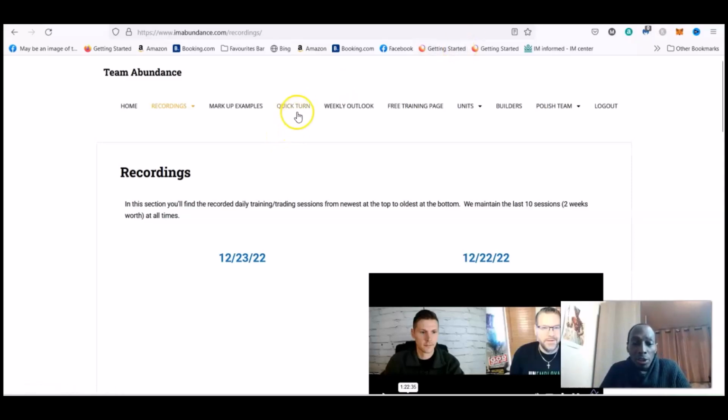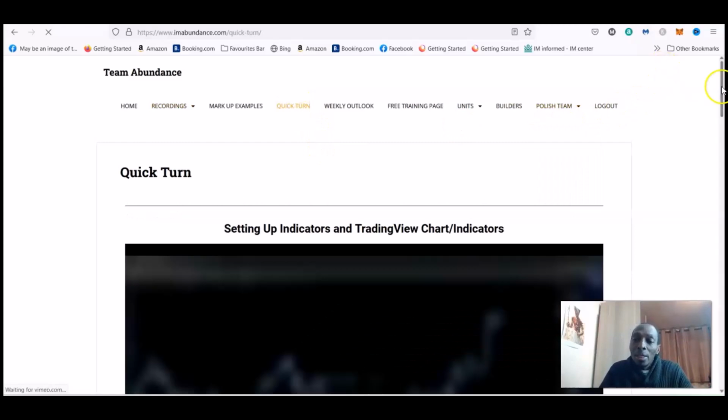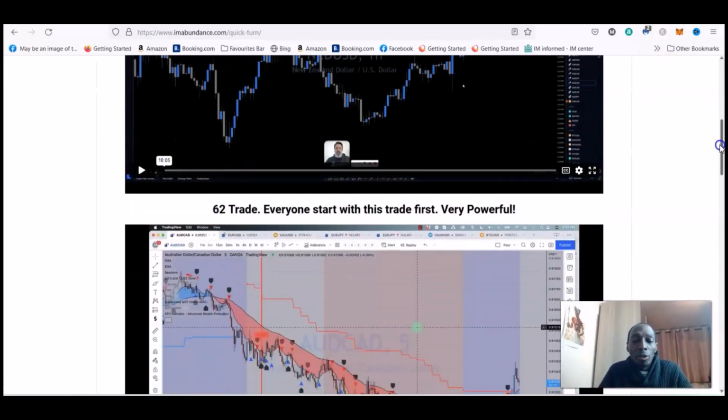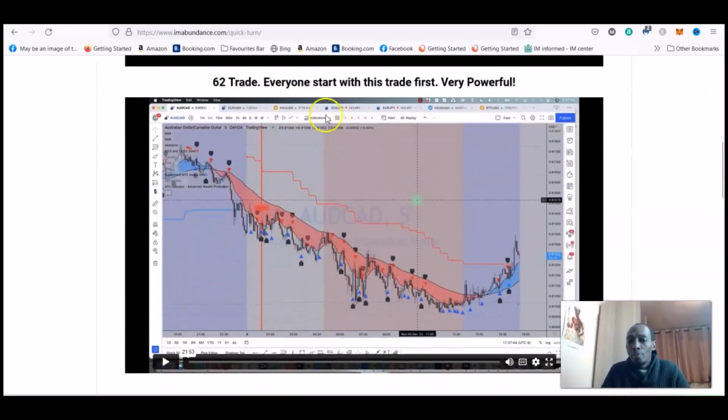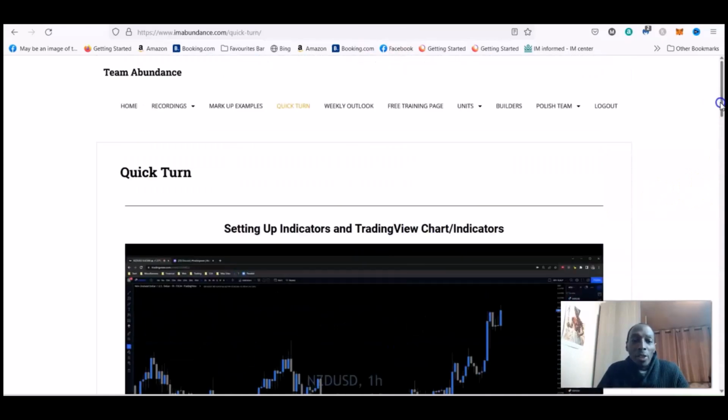Also, the other thing I wanted to show you, we have the quick turn here where Michael, the leader, actually shows you how to do this 62 trade, where we want everyone to start with the 62 trade because it's the easiest way to get into profit as quick as possible. That's what we found. It's very powerful when you just follow the things we teach you. It's not that hard to see.